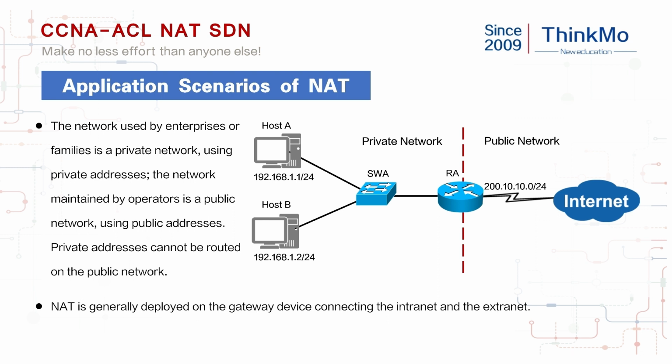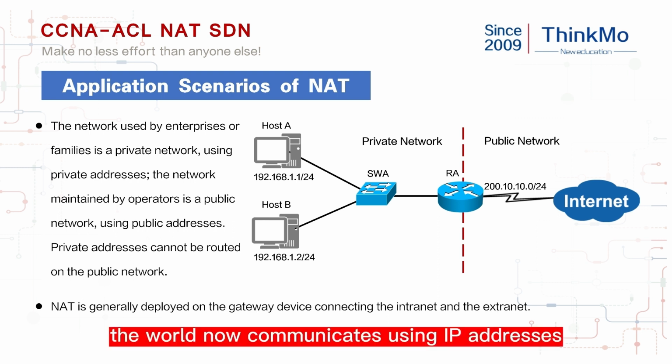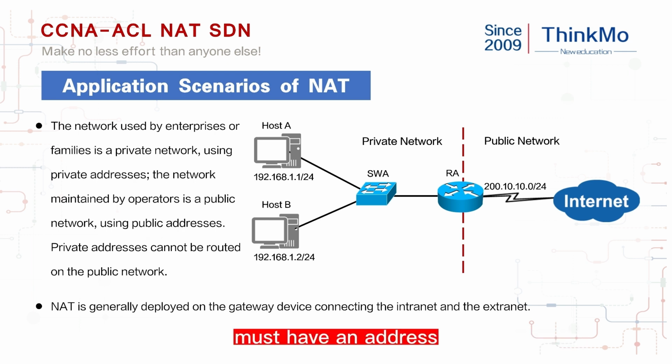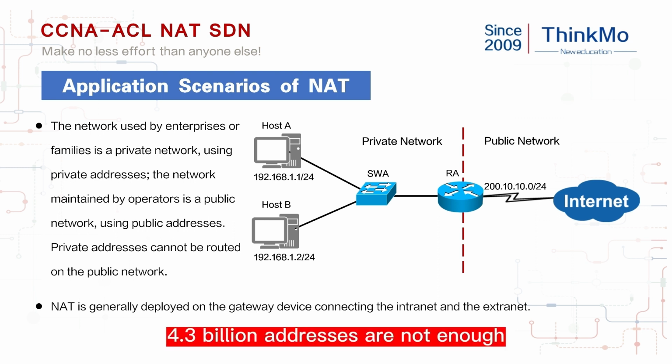That is 2 to the 32nd power, about 4.29 billion addresses, less than 4.3 billion. The world now communicates using IP addresses. As long as a device wants to connect to the internet, it must have an address. All devices that can be controlled through the network will have an IP address. For the world, 4.3 billion addresses are not enough.